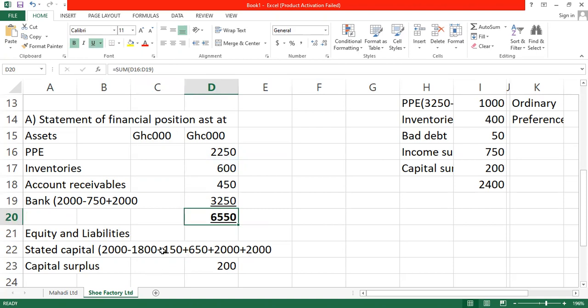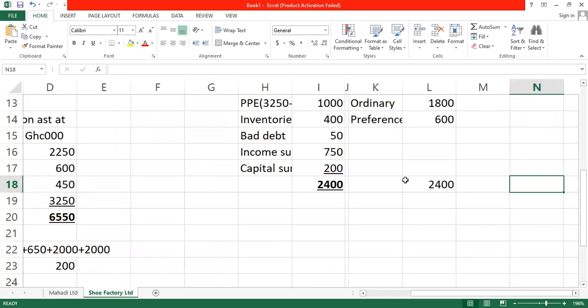Let's count our equity shares. What will be the total value of the equity shares now? It will be 200 plus 150 plus 650 plus 4,000. I'm getting 5,000. Am I correct?